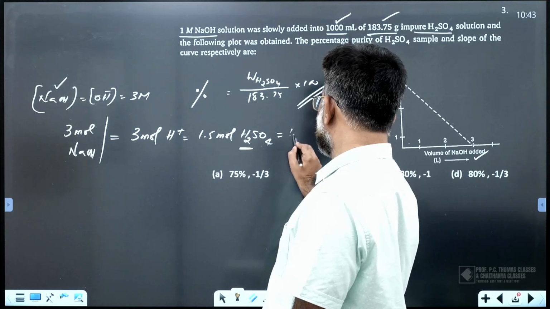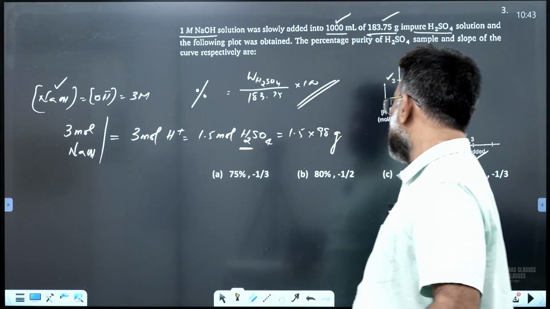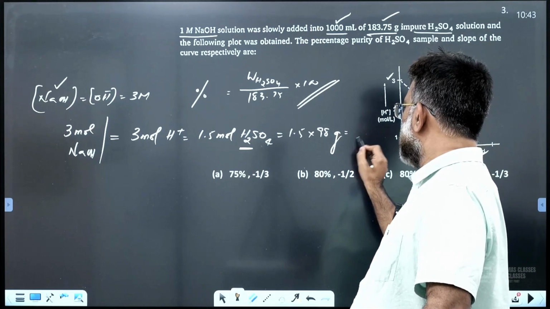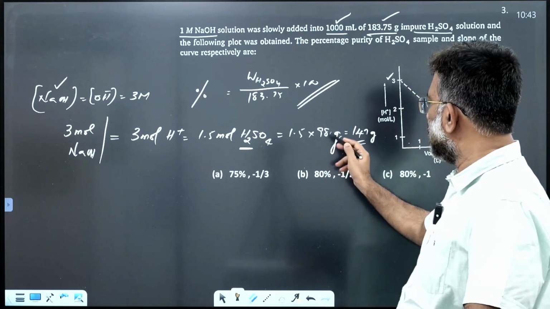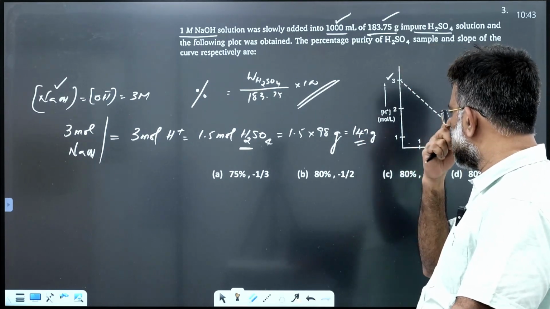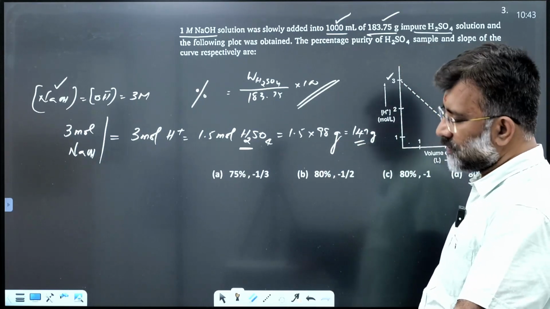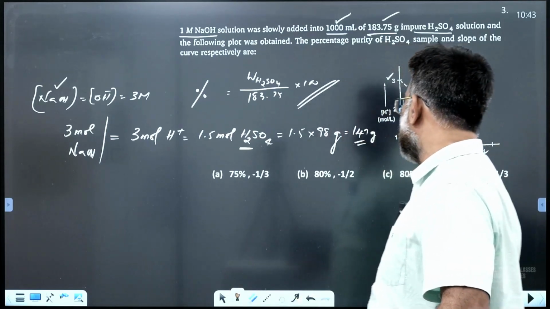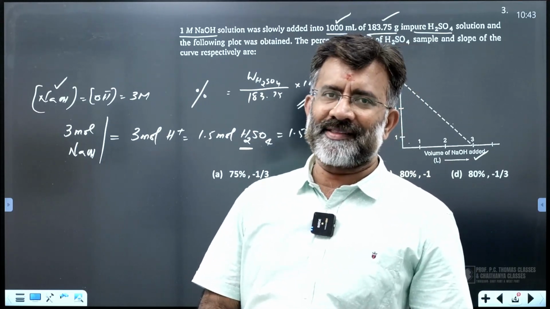So how much is it? 1.5 into 98 gram. So 98 plus 49, so it will be 147 gram, isn't it? 147 gram is the mass of sulfuric acid involved in the reaction.